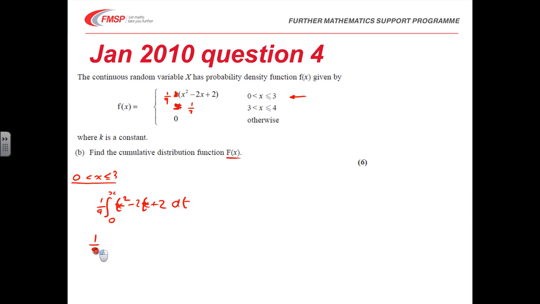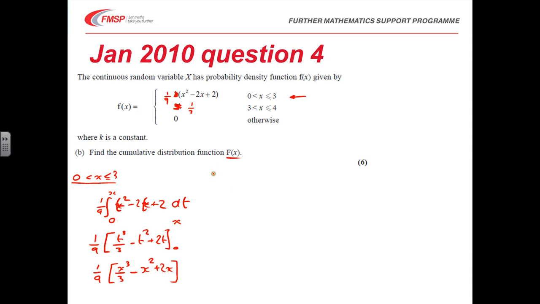So this is now going to give me 1/9 of t cubed on 3 minus t squared plus 2t between 0 and x. So if I substitute this in, it's going to give me 1/9 of x cubed on 3 minus x squared plus 2x. Okay, so that is just for the region between 0 and 3.